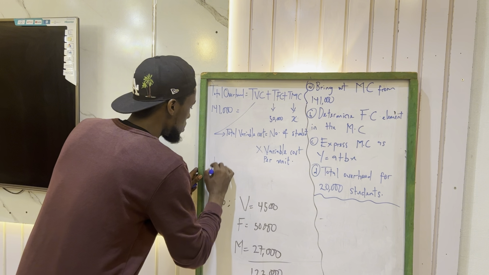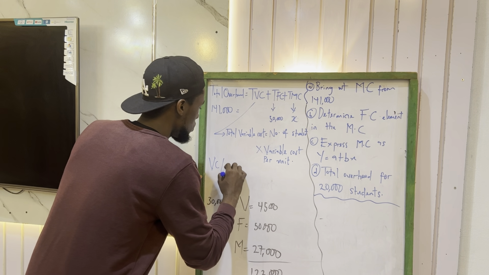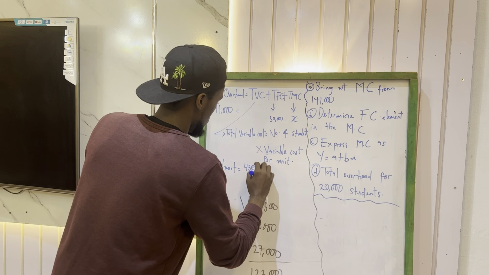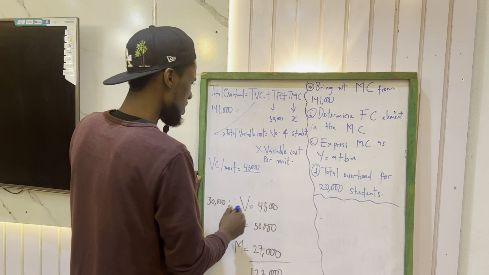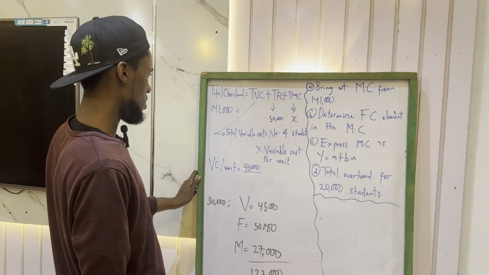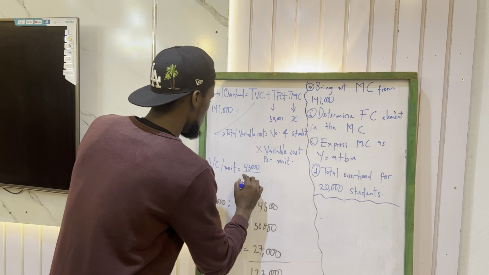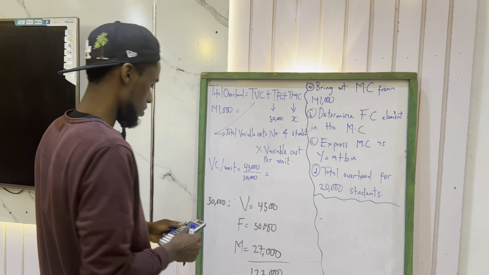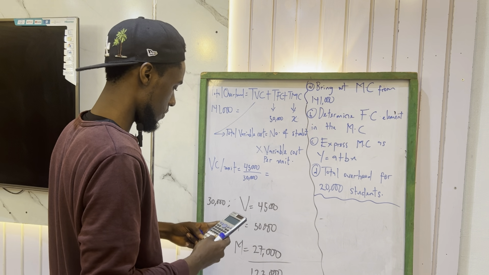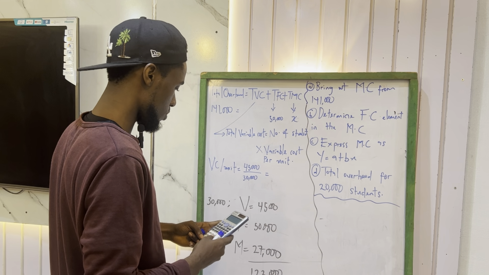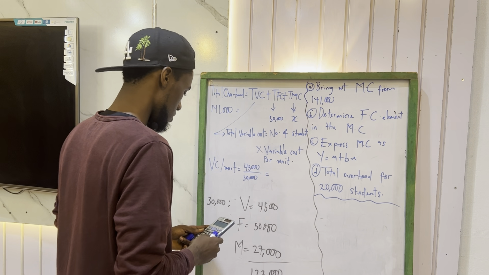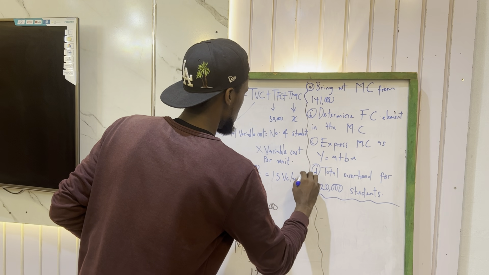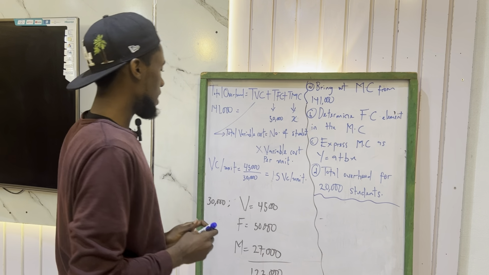So variable cost per unit will be 45,000 divided by number of students, 30,000, which should be giving us 1.5 per unit.